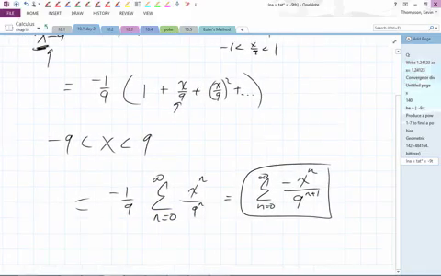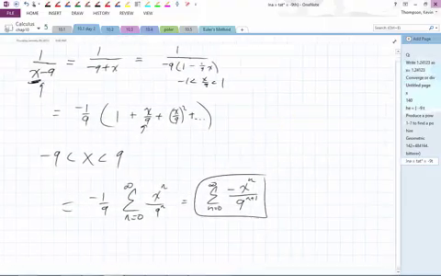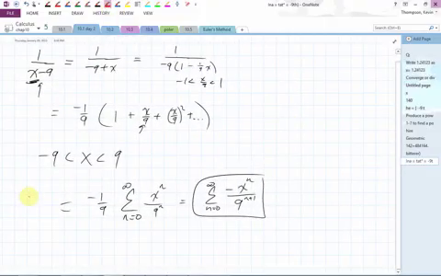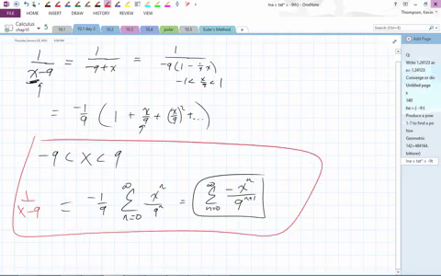Now, think about this. Right now, we know that this is equal to 1 over x minus 9 on that interval. True? If I pick any number between -9 and 9, those two sides are equal. That's the whole point. And I have a graph here I think I'll show you of what I mean by that.